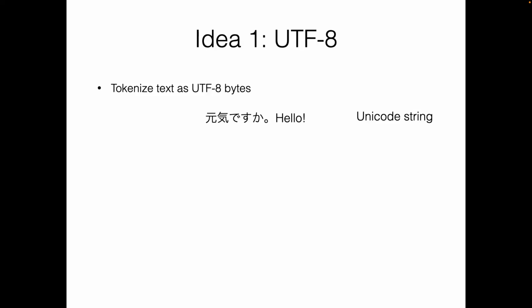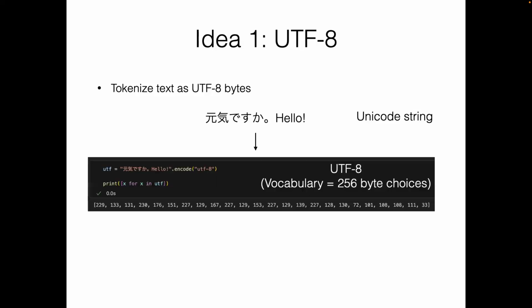So then each Unicode character will be translated into bytes. Each individual character can actually be represented as between 1 and 4 numbers that are between 0 and 256.